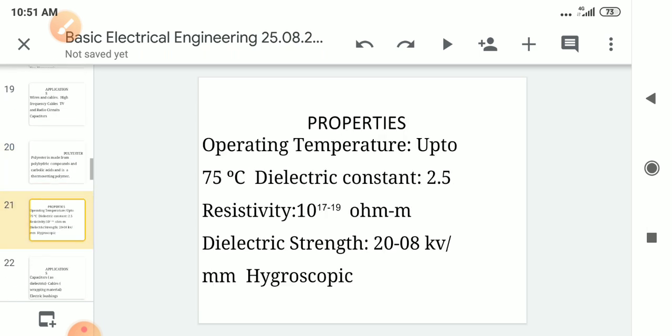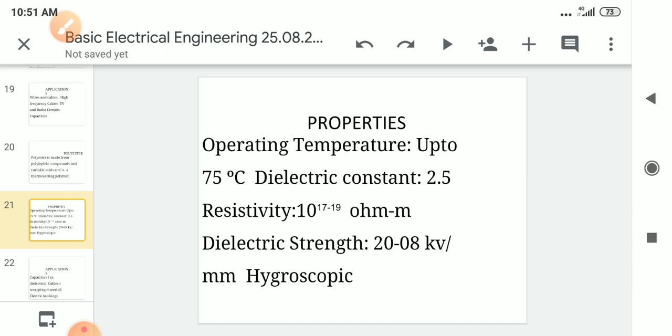So what are the properties for this polyester? Its operating temperature is up to 75 degrees centigrade only. This means it is very highly flammable. We have to take care while using this type of plastic, that is polyester materials.